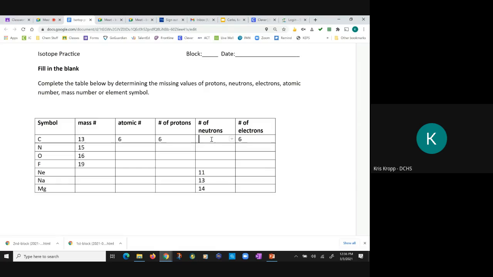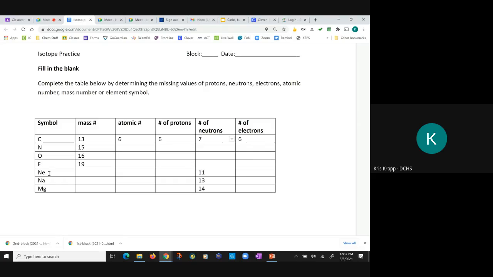That's right. That's perfect. Remember that protons plus neutrons give us the mass. Therefore, if I know the mass and I know the protons, I can subtract protons from the mass number, and that would give me the number of neutrons. So 7 plus 6 equals 13. That's my double check there. Perfect.